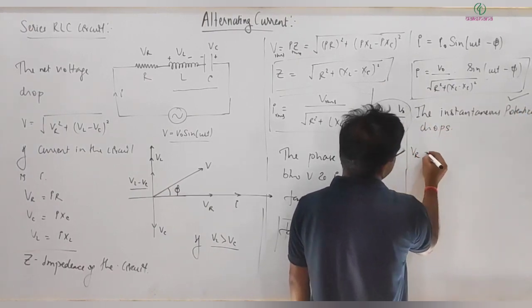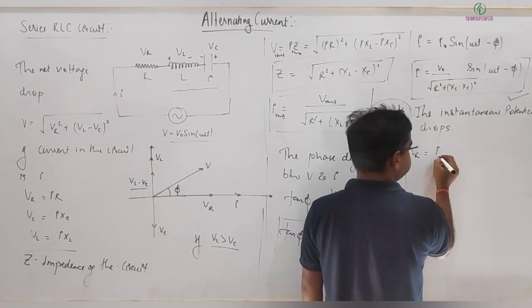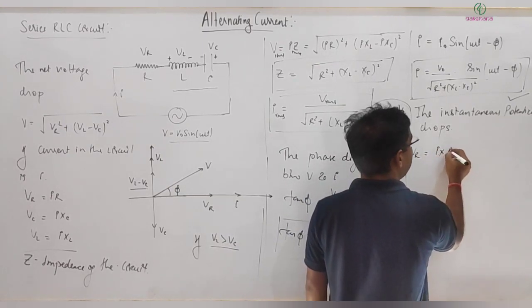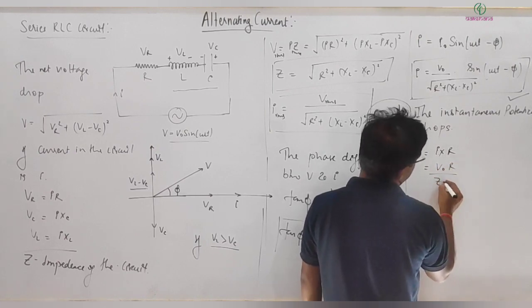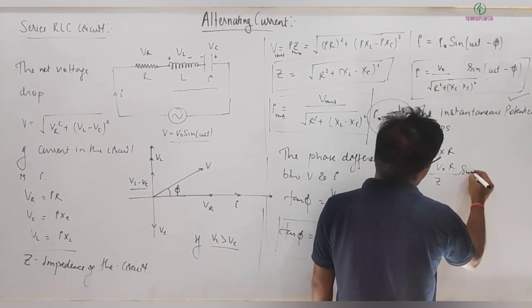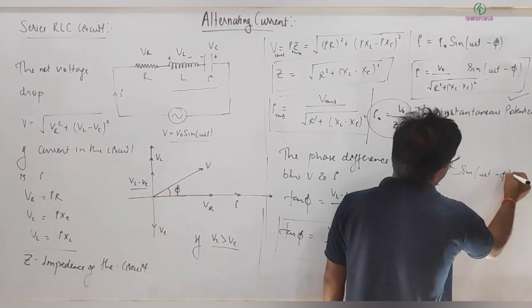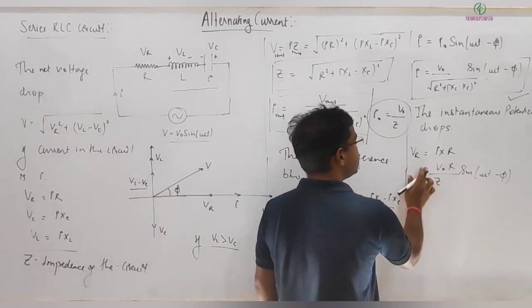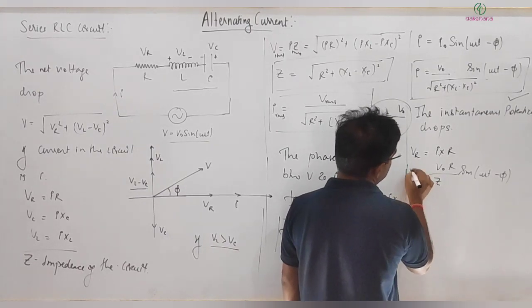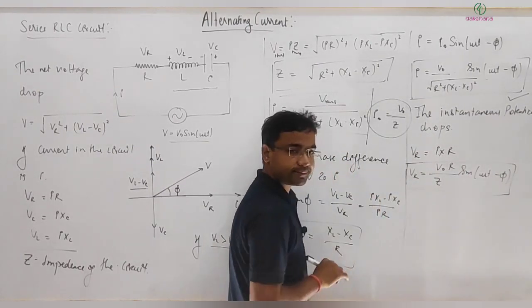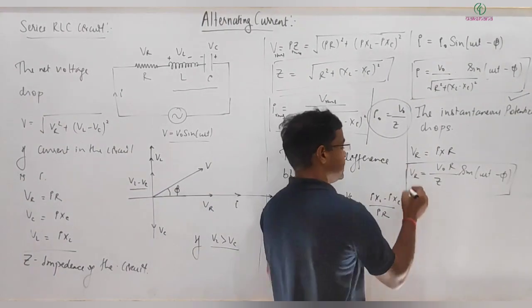VR is given by I into R, and that is equal to V naught R divided by Z into sine of omega t minus phi, because you can understand the potential drop across the resistor will be in the same phase as the current. Clear? All right.